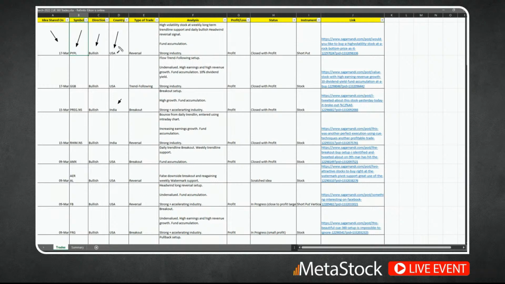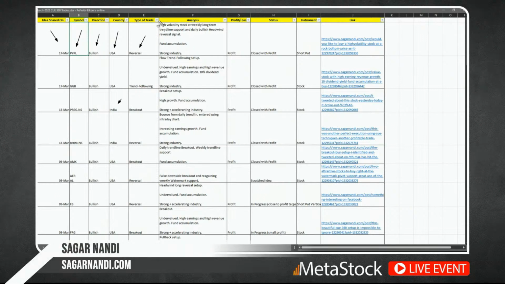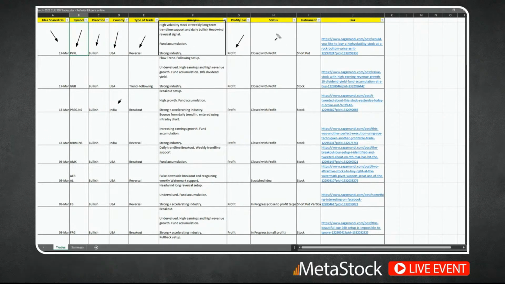Type of trade I mentioned, reversal, trend following or breakout. This was the 360 degrees analysis. I will go through it in more detail later, whether the trade made a profit or loss and status closed with profit or still in progress.